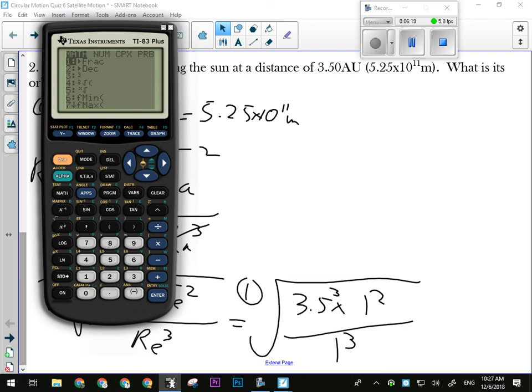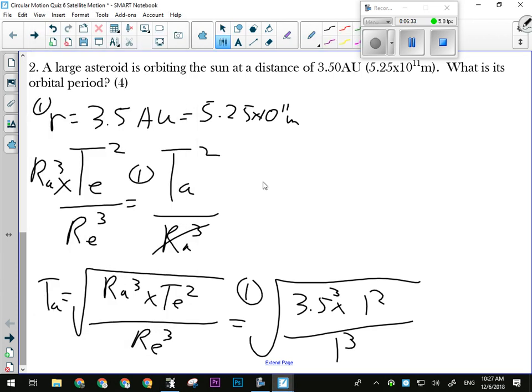Its orbital period will be 6.55 years, and that'll be their fourth mark.